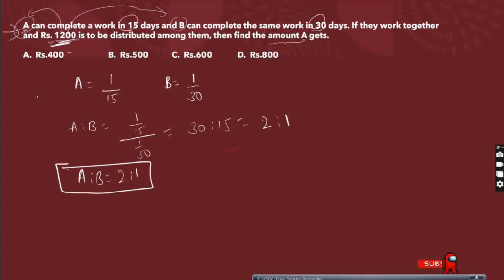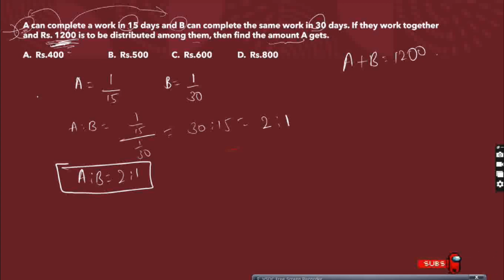In the second statement, they are telling that if they work together and rupees 1200 is distributed among them, that means the total is equal to 1200. That means A plus B are getting 1200, right?